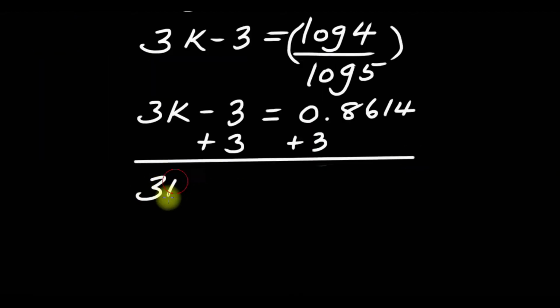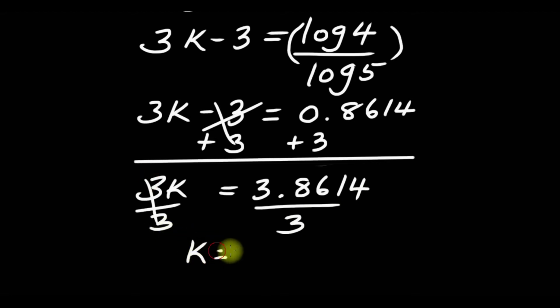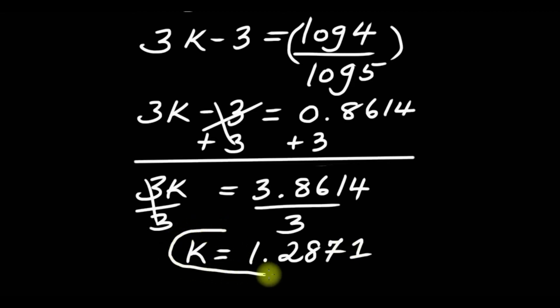So here I have 3k plus 3 minus 3 is gone, equals 3.8614 when you add those two numbers. And then divide by 3. Divide this by 3. So k is going to come out to 1.2871. Okay, so this is what k is.